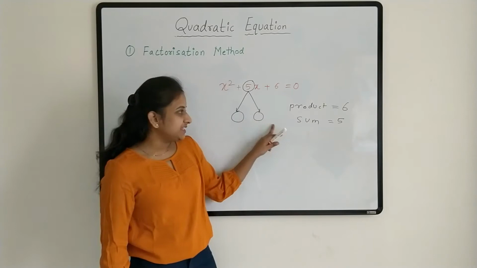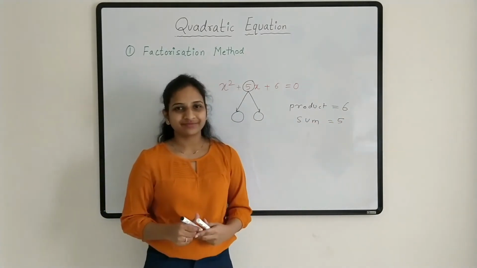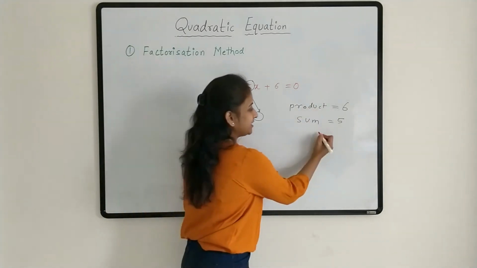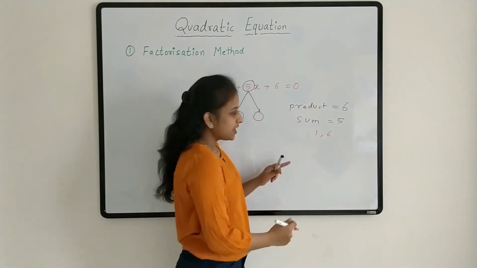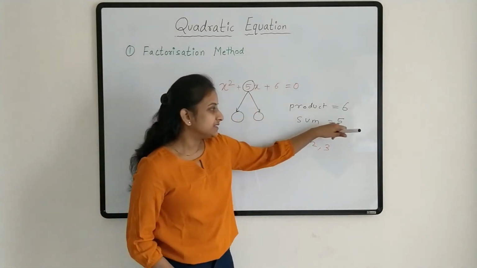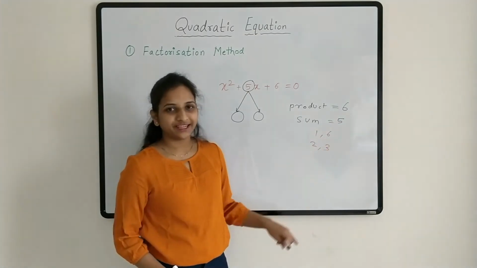Can you imagine these 2 numbers whose product is 6 and sum is 5? Product is 6 means the 2 numbers can be 1 and 6 or 2 and 3. But we want the sum to be 5, that means the 2 numbers can be 2 and 3.